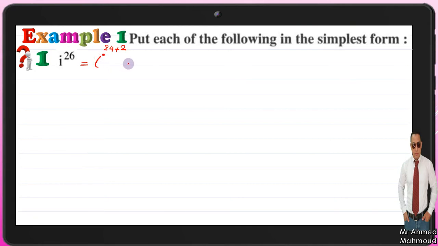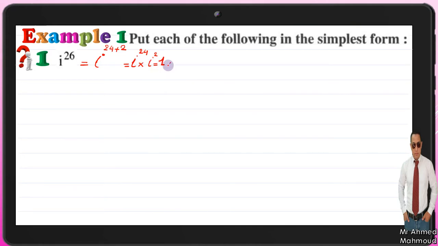So it will be i power of 24 times i power of 2. i power 24 equals 1.